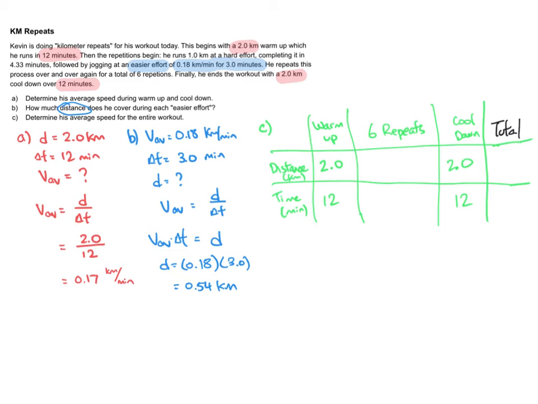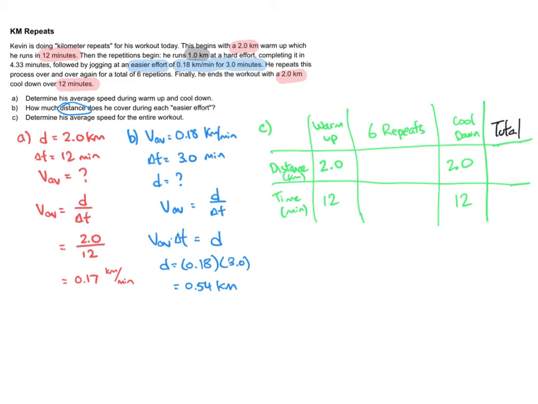All right, the 6 repeats require a little bit more digging around, reading the question here. So the distance of each repeat is 1 kilometer. These are called kilometer repeats for the hard effort part.